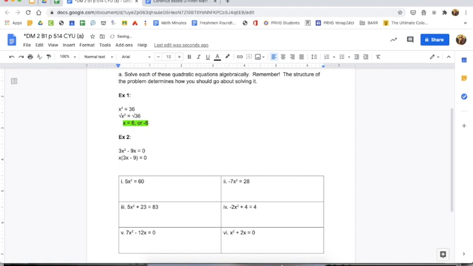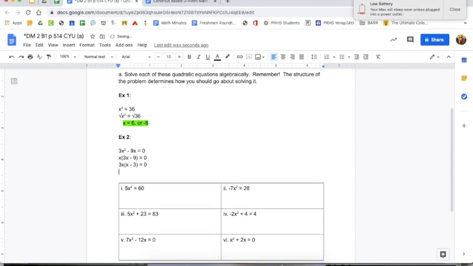I should also see that I can factor out more than just the x. Since 3 and 9 have a common factor of 3, I should also pull out the 3, making this 3x times x minus 3 equals 0.